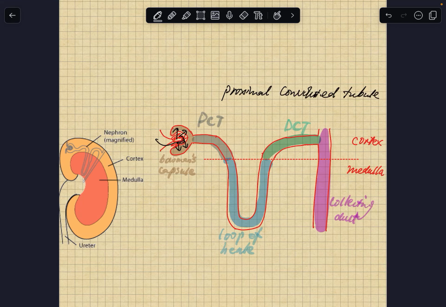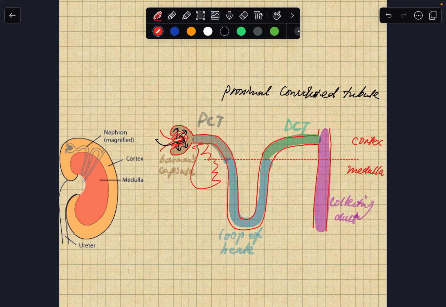So the bloodstream can really reabsorb things like glucose, amino acids, and all the ions, and of course water, okay? So the PCT is the place where the reabsorption starts, because you also have blood vessels attached to all these tubules so that they can reabsorb stuff anytime, okay? All right, so that's the PCT.